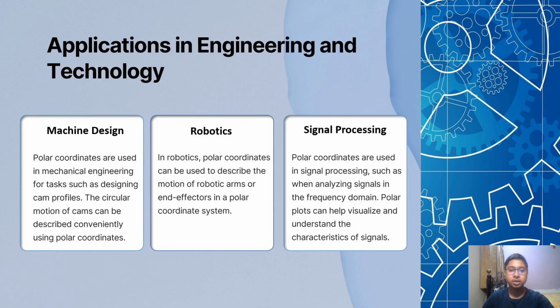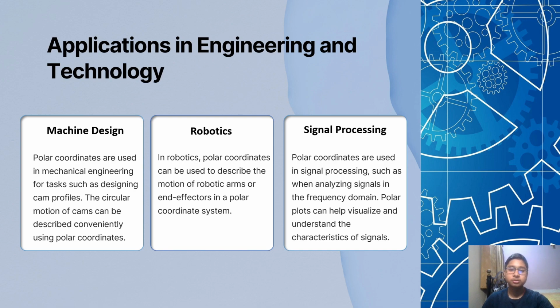Engineers may use polar coordinates to describe the motion of cams, gears, and linkages, making it easier to analyze and design mechanisms with rotational elements. In robotics, polar coordinates can be used to describe the motion of robotic arms or end effectors in a polar coordinate system. This representation simplifies the planning and control of movements in tasks that involve circular or radial paths.